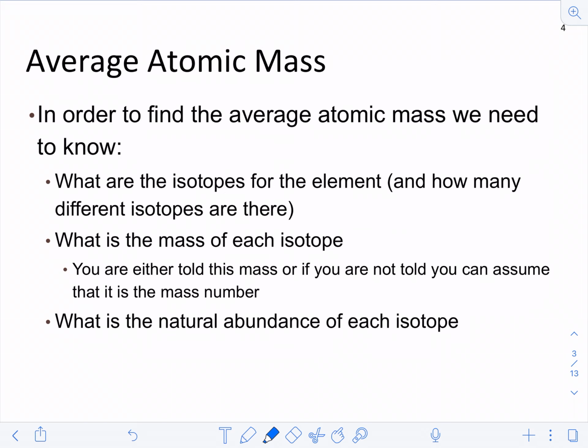And then we also need to know the natural abundance of each isotope. So when that specific element is found in nature, what percentage of the time is it this isotope? What percentage of the time is it the other isotope? Or maybe a third isotope?